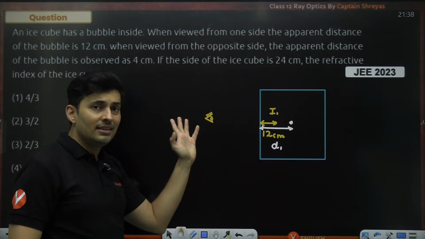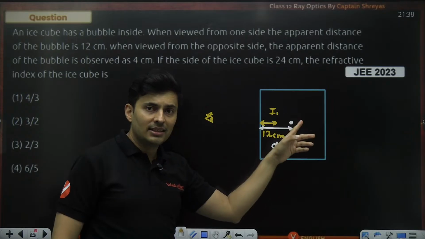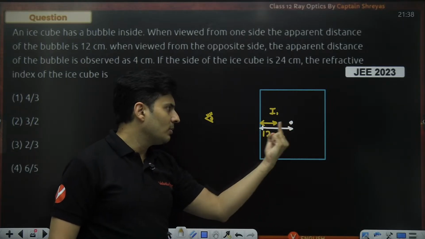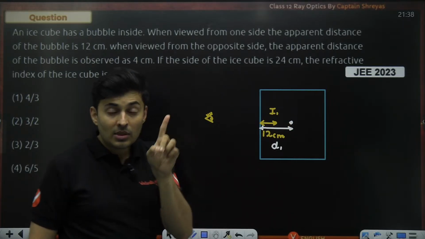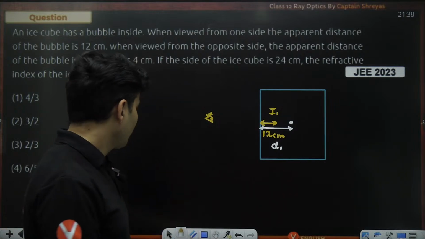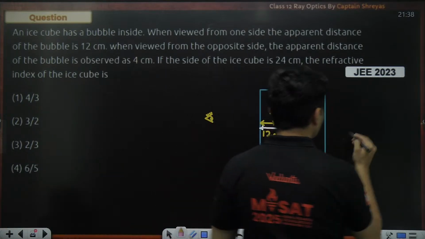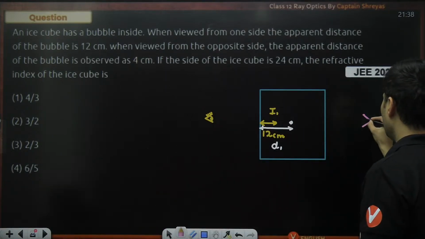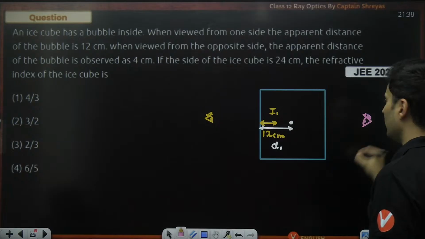So the observer is in the rear. The actual object is in the dense medium. The object will appear to be closer to the surface. The second scenario: the observer is on the other side, still in the rarer medium.